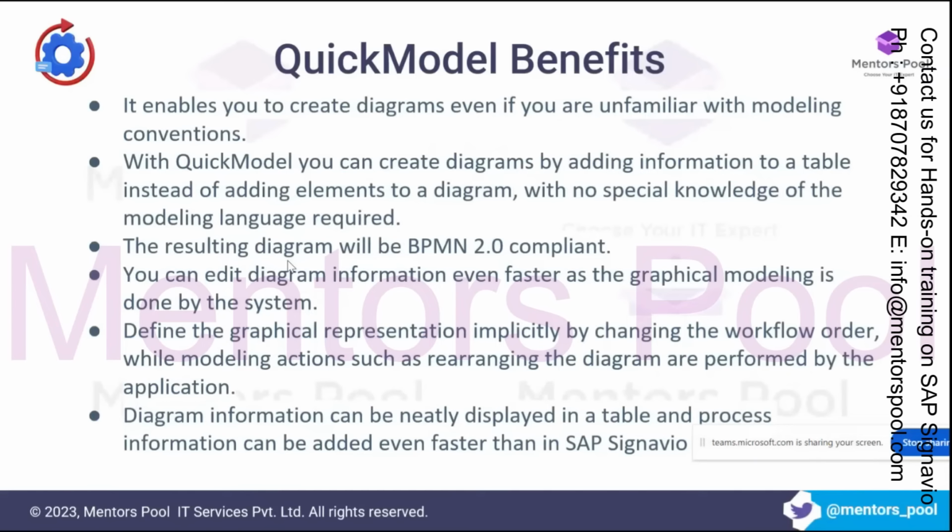Somebody who doesn't have much hands-on experience with BPMN diagrams can use this quick model to generate the diagram. You can edit the diagram in a faster way also. If you want to move some process up or down, you can do that easily.